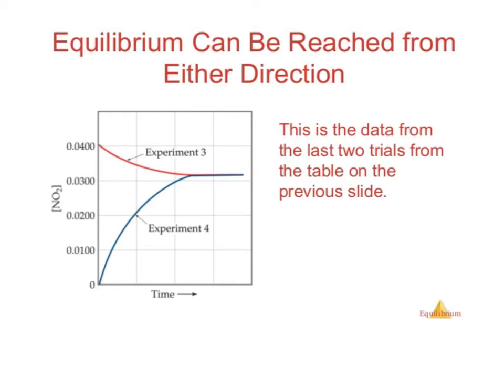In experiment 4, you started with no NO2, but over time it increased. And at the end, at equilibrium, the concentration was the same, whether you started with a lot or zero. And that's because at equilibrium, at a certain temperature, your concentrations of your products and reactants will be the same. Or really, I should say, would be in the same ratio.